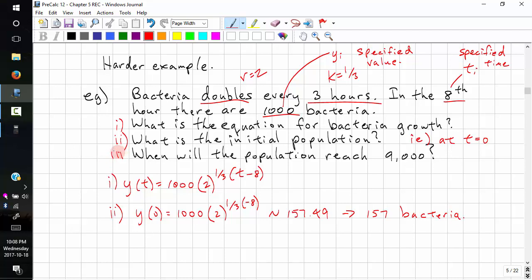And we'll call this 3. And we have an unknown, so we'll call it C. y of C equals, and that's 9,000. And we have 1,000 times 2 to the power of C minus 8.